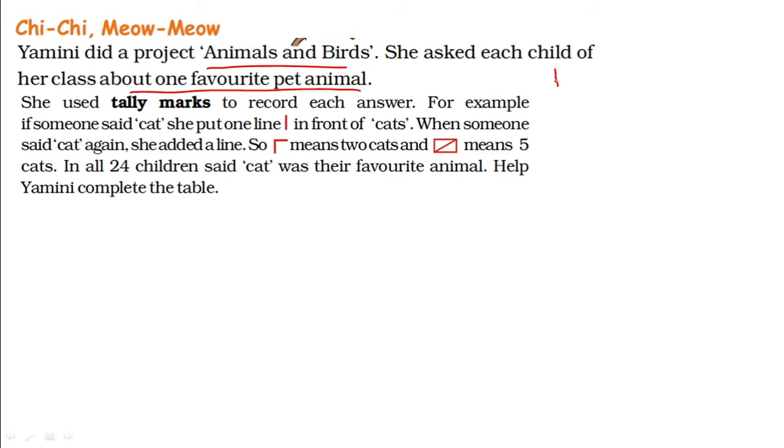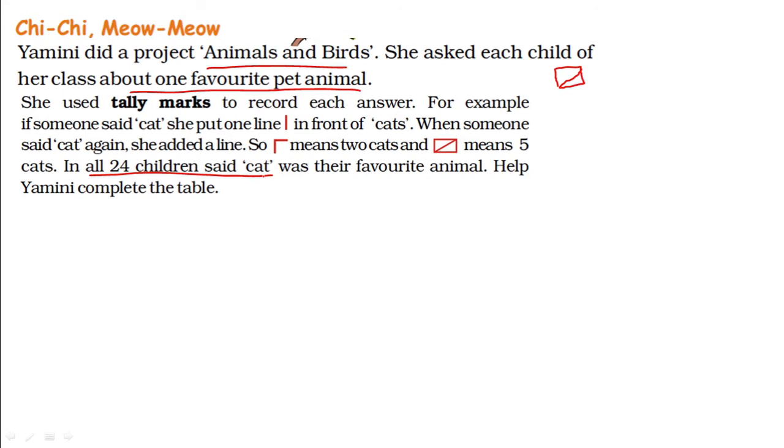When someone again said cat, she put a second tally mark. Then if someone again said cat, she put a tally mark here, and every time she increased the number like this. In all, 24 children said cat.